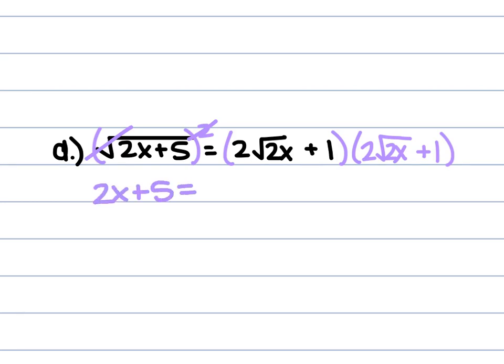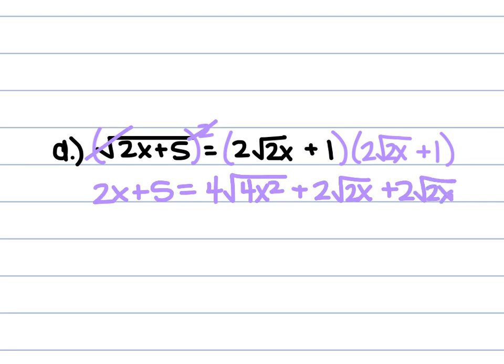Right side, 2 times 2 is 4. The square root of 2x times the square root of 2x is the square root of 4x squared. The 2 times 2x, the 2 radical 2x times 1 is 2 radical 2x. 1 times 2 radical 2x is 2 radical 2x, and 1 times 1 is 1.